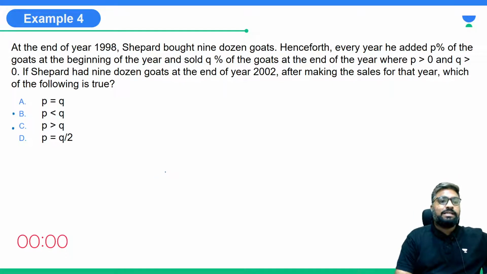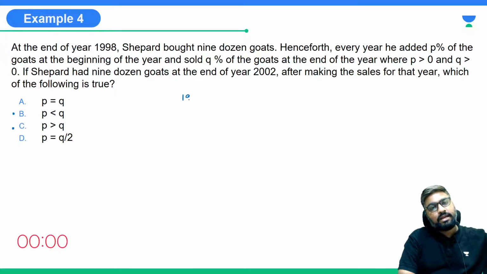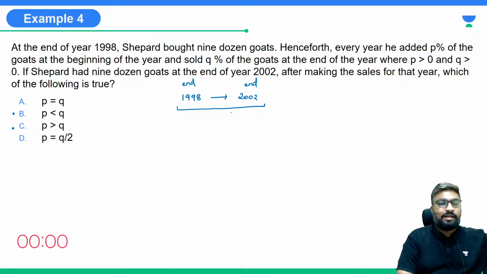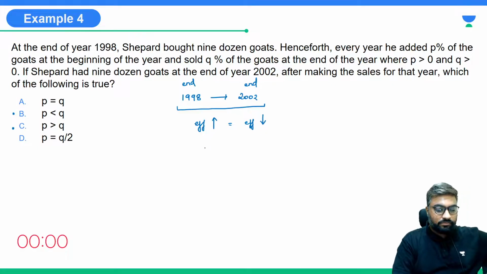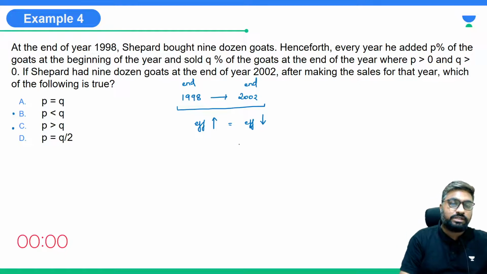Okay, so what happens here is, starting from 1998 to 2002 end, for all the years, they're saying the effective increase will be the same as the effective decrease, in terms of number of growths.